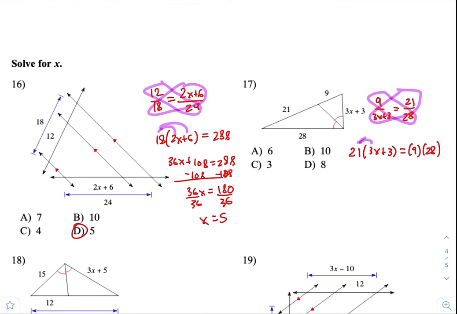Distribute. 3 times 21, 63x plus 63 is equal to 28 times 9, 252. Subtract 63 from both sides. You guys are going to get 189. Divide both sides by 63, and x is going to equal 3.